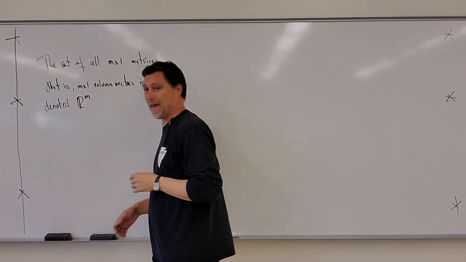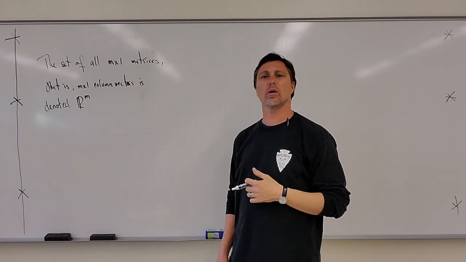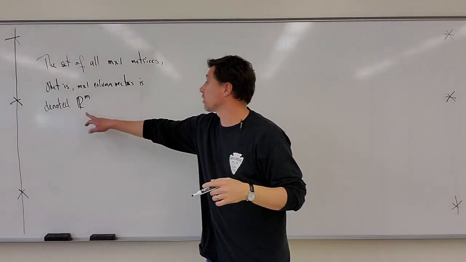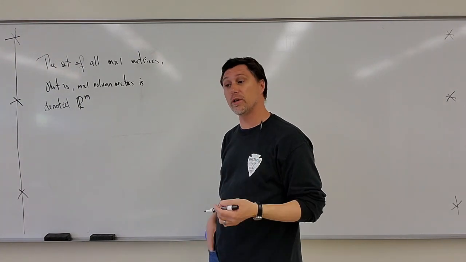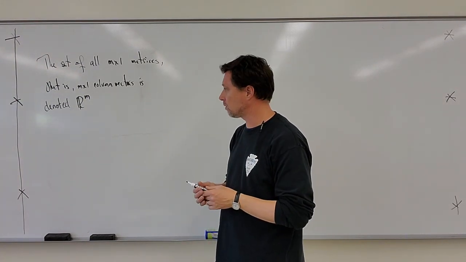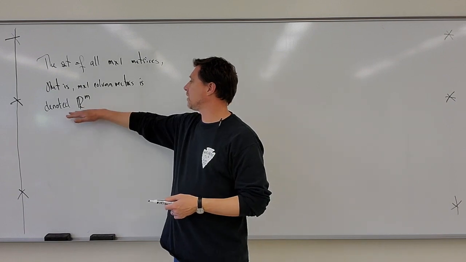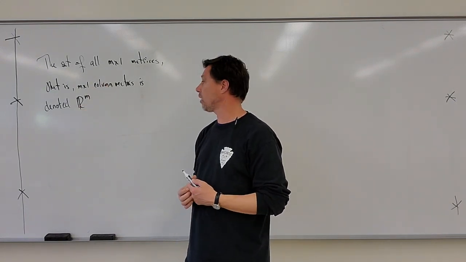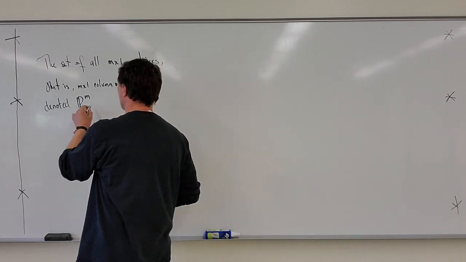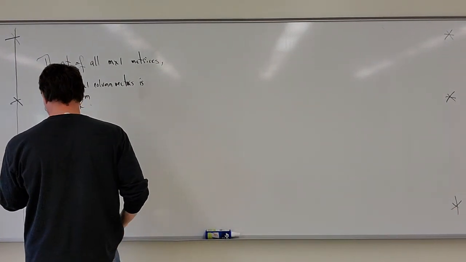R upper n. So you've probably seen the symbol R, which looks like this, and then there's the symbol R2, that refers to the plane. R3 refers to three-dimensional space. More generally, what we have is the set of column vectors with m entries. We call that R sub m. And as a set, it's the collection of all of them.